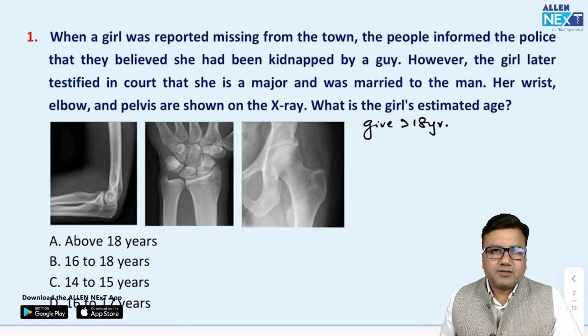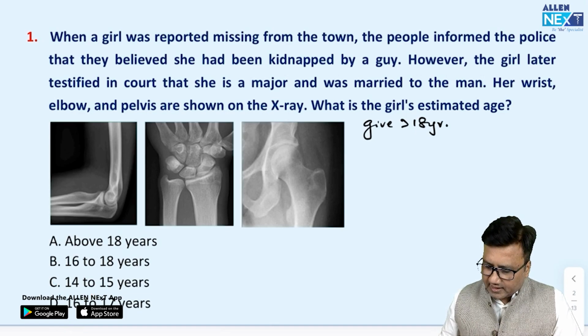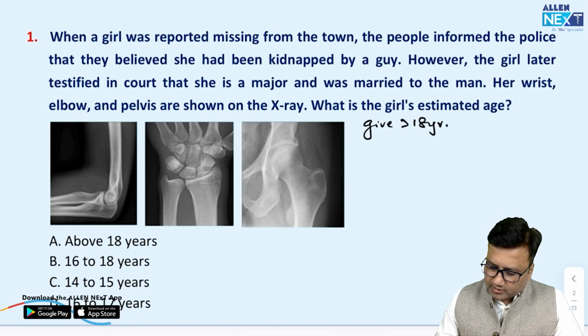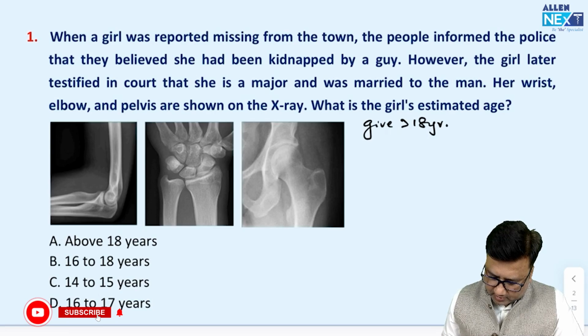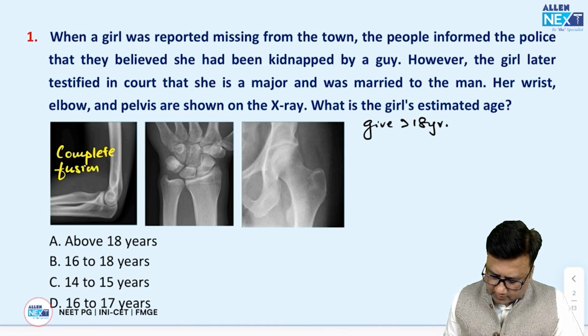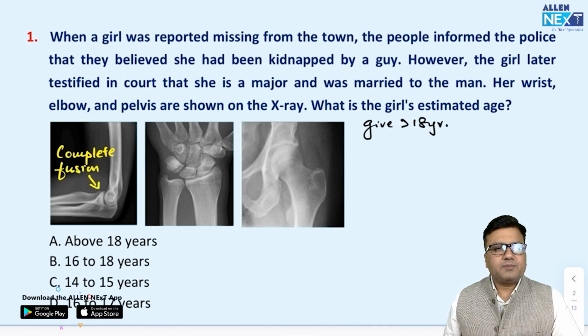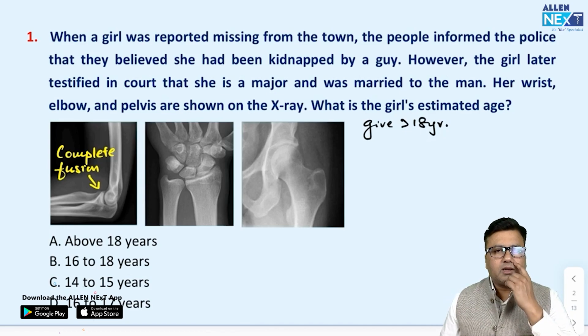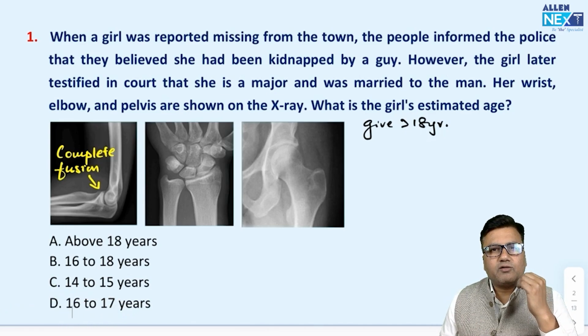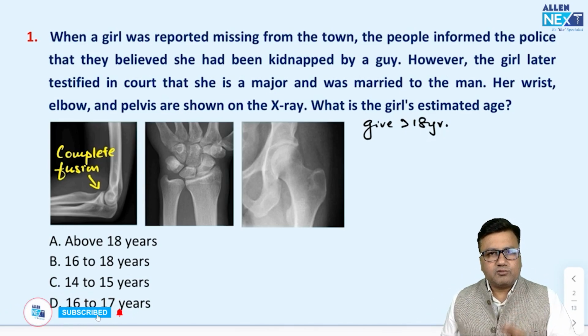The first x-ray is the x-ray of the elbow joint, and in that x-ray we can see complete fusion. You can see that all the epiphyses of the joint area are completely fused.